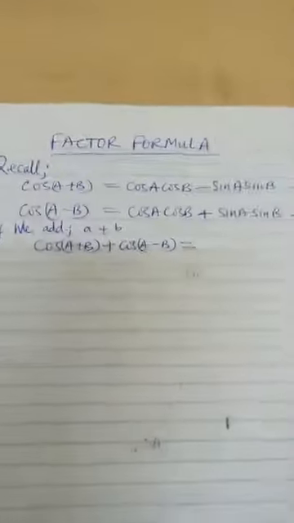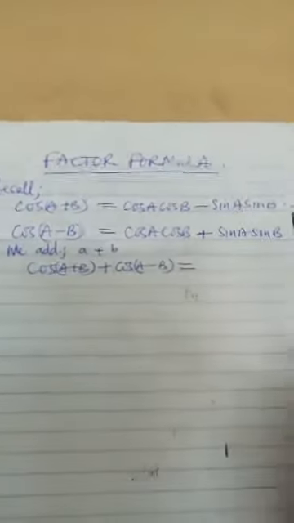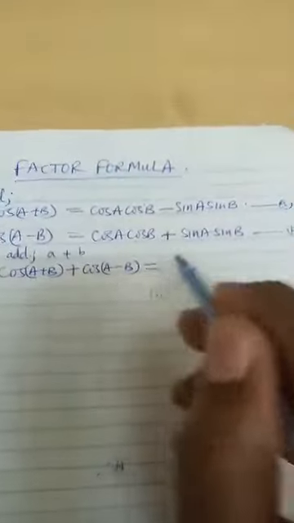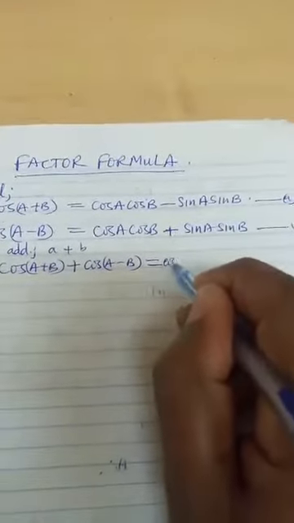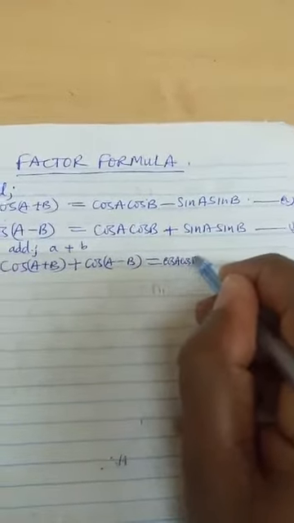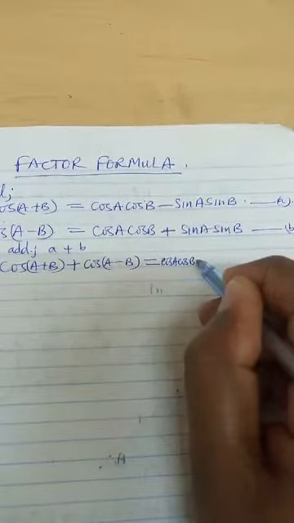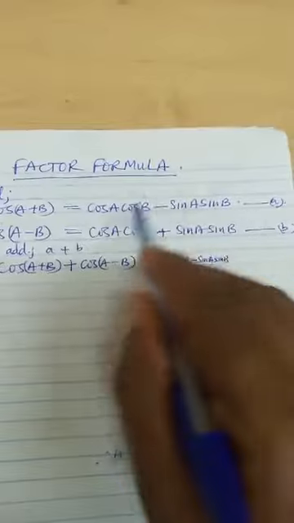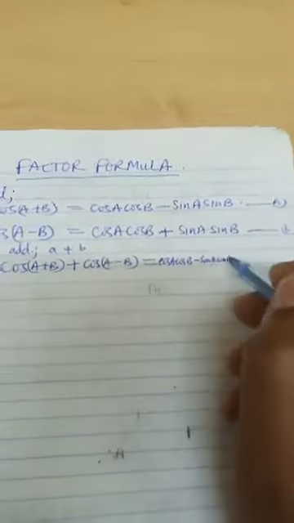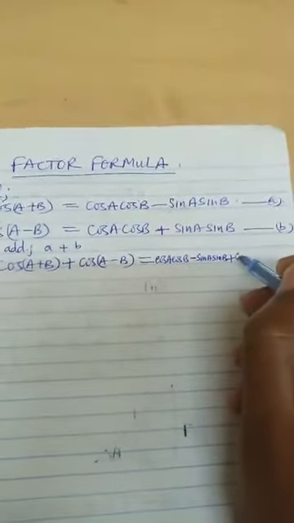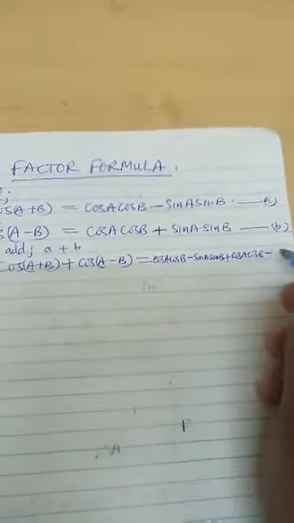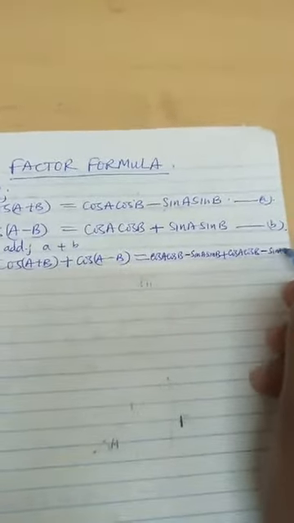That's what I get on the left-hand side. But on the right-hand side, I will write everything: cos A cos B minus sin A sin B, that is the first part from equation A, plus the part from equation B now, cos A cos B, remember I'm adding, minus sin A sin B.